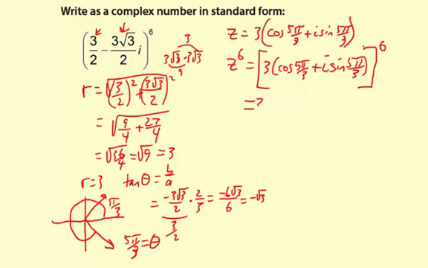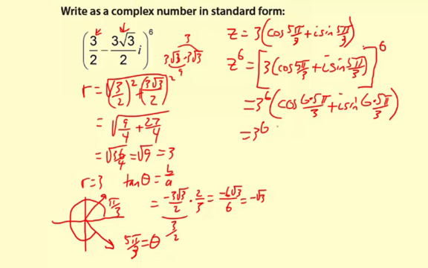So this is going to be 3 to the 6th, and then times the cosine of 6 times 5 pi over 3 plus i sine of 6 times 5 pi over 3. Okay, now 6 times 5 is 30, then divided by 3 is 10, so this is the cosine of 10 pi plus i sine of 10 pi.